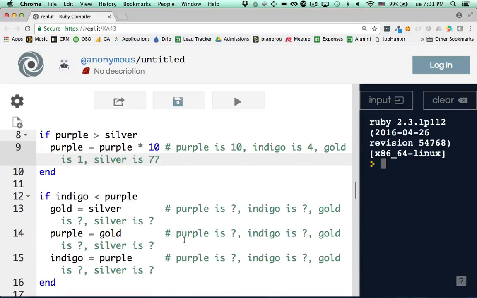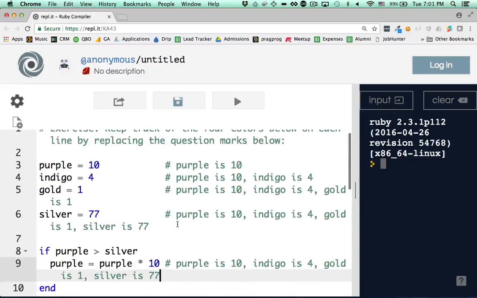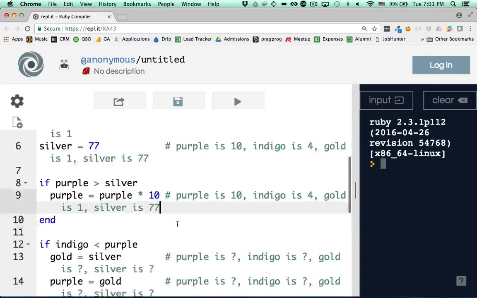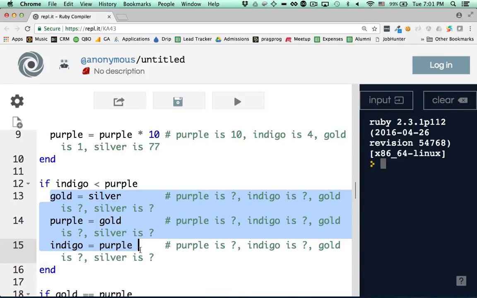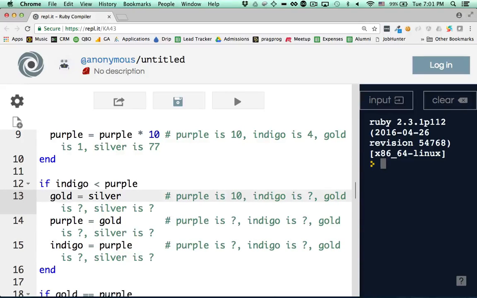If indigo is less than purple, is indigo less than purple? It is. So that means we execute all these 3 lines of code. So gold equals silver. Oh man. Okay, so purple is 10, indigo is 4, and we're not touching silver yet, so silver is still 77. What is gold now? 77. Gold is also 77. Okay, great.